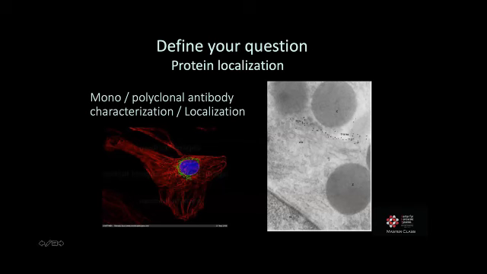So here's an example of when you might decide to go this way. You're working in confocal with polyclonal and monoclonal antibodies. You're characterizing that. You've determined that your protein is located to a structure that's surrounding the nucleus. It looks like it's a Golgi labeling, but is it the full Golgi? Is there something more we can learn about this?